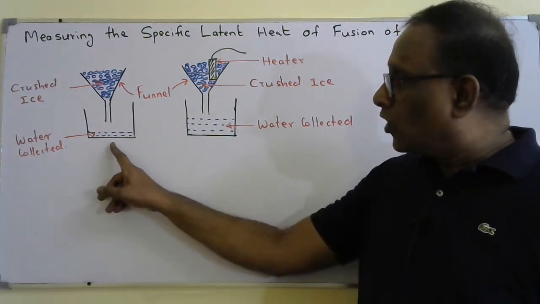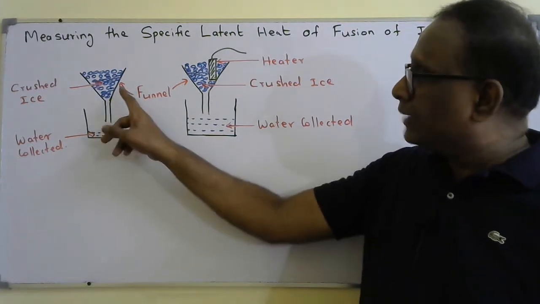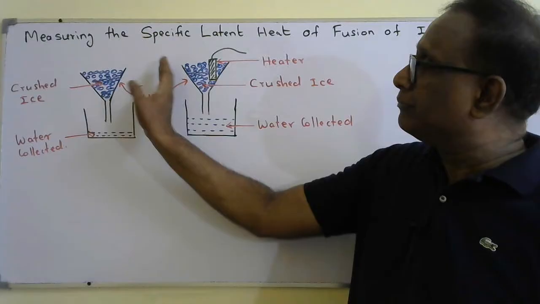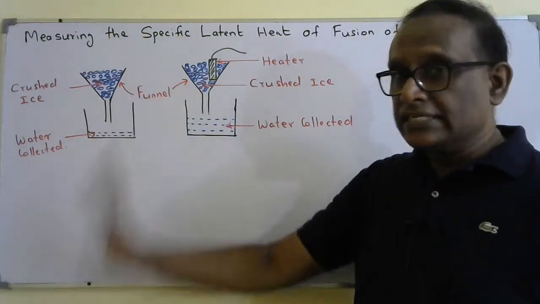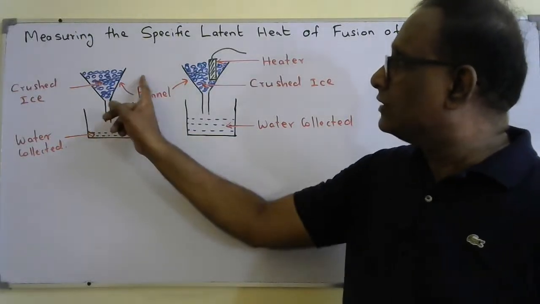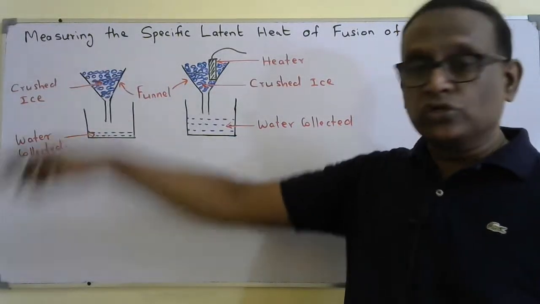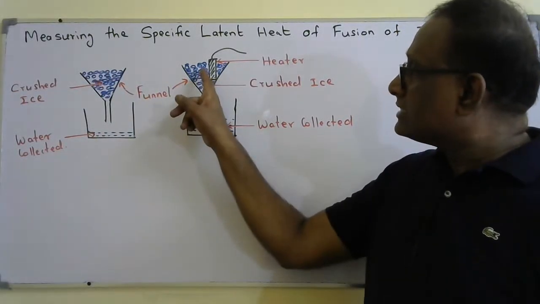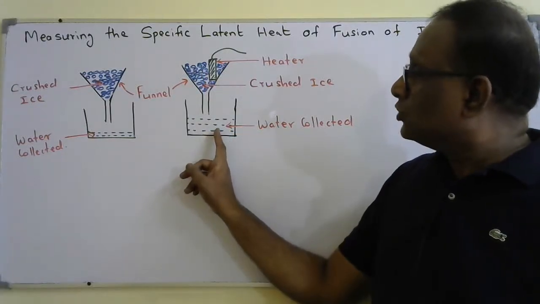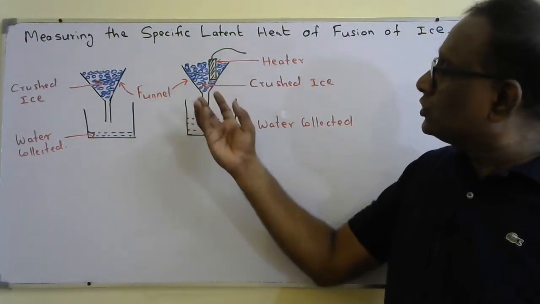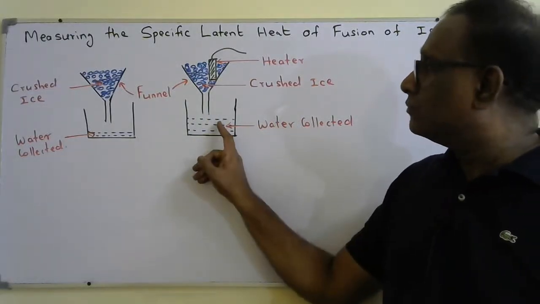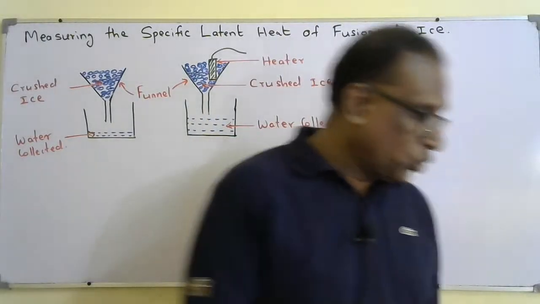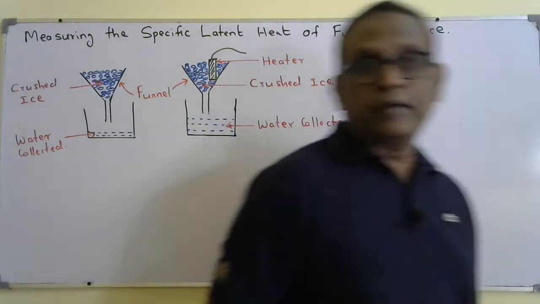Here the water is collected due to ice melted by the environment, the heat flowing from the surroundings. The funnels are not thermally insulated, so the ice will get heat due to the room temperature. Here the water collected is due to both the room temperature and the heater. So the mass of water collected will be more in the second diagram compared to the first.